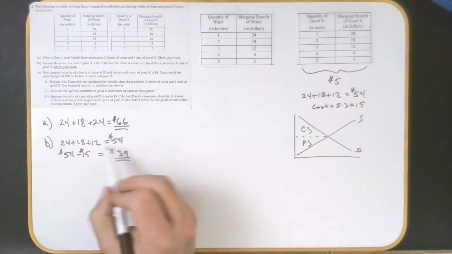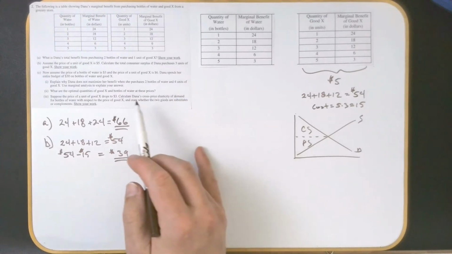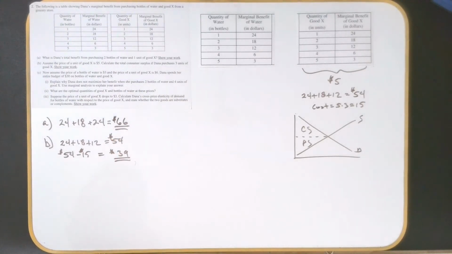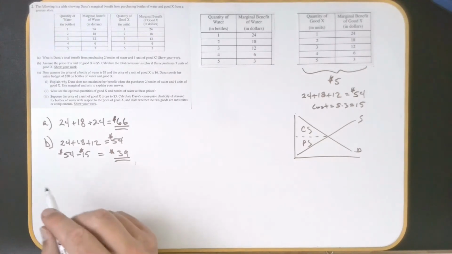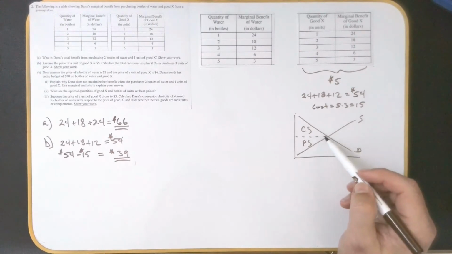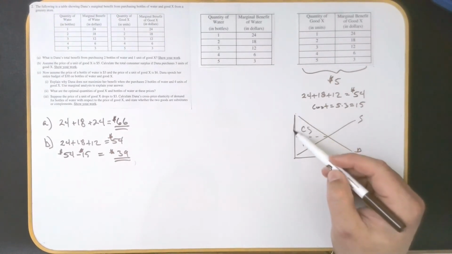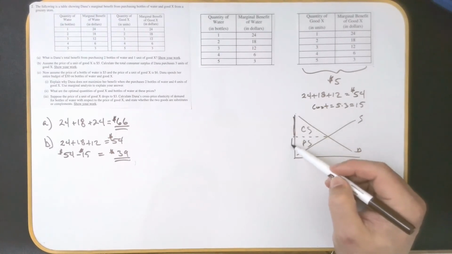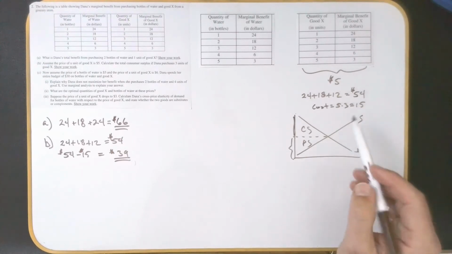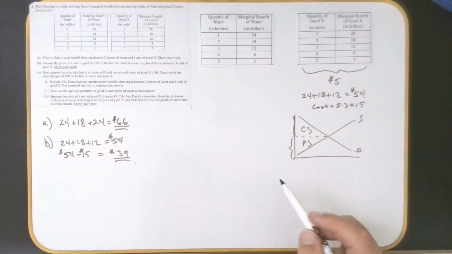Okay, $39 of total consumer surplus. Just a clarifier here as well. When you do consumer surplus on the graph, if you remember, to figure out what this distance is right here, you're always subtracting off this amount. But when we do it in a table, we don't have anything to subtract yet. We have to do it afterward and subtract off the 15. That's where that's coming from.